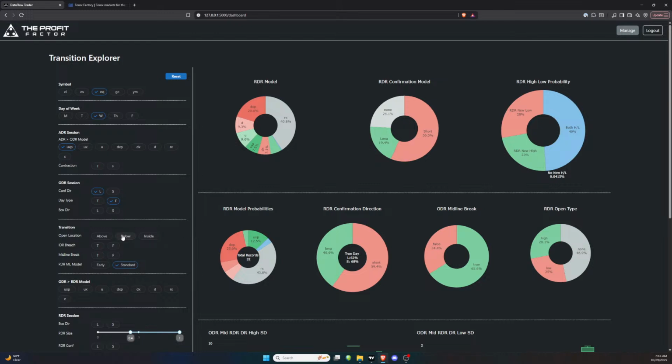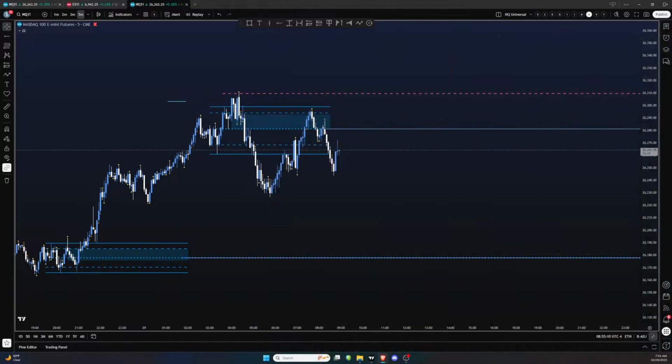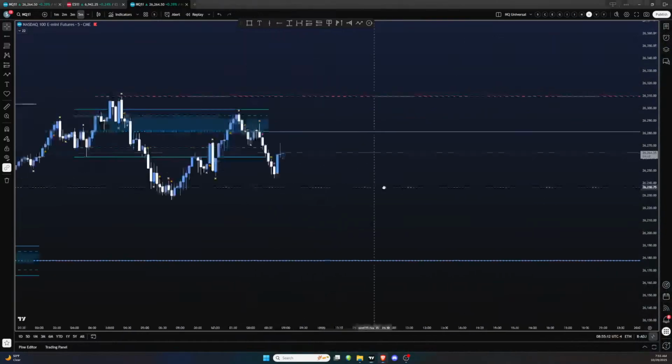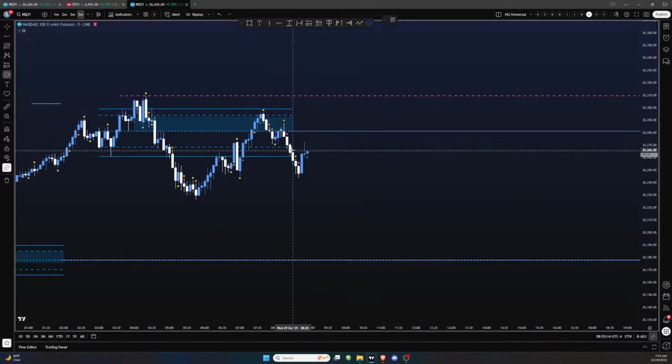Now we opened at this open location. This is the transition open. This is kind of important. This is questioning relative to this IDR level at 8:30, where were we? Were we above it or below it? Were we inside, below, or above?